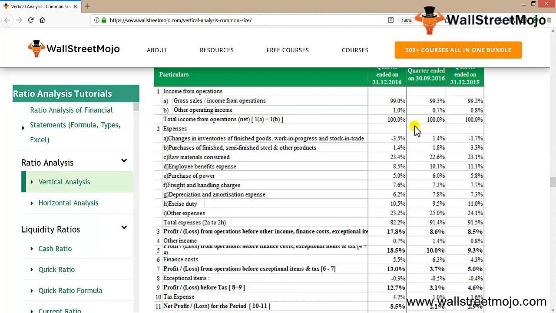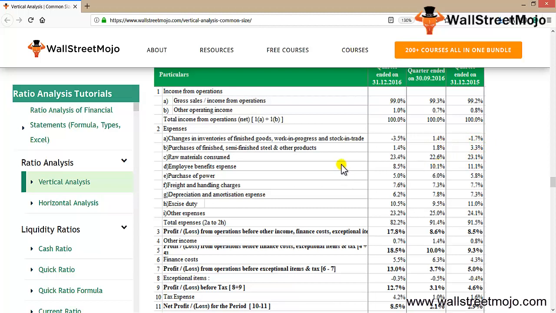See, the following conclusions can be drawn after converting it into a common size financial statement. There has been a reduction in the purchase of finished goods, semi-finished steel and other products, as the percentage fell from close to 3.3% in December 2015 to 1.4% in December 2016, and the raw material consumption is close to the 23% segment, so minus 23% remains as the past trend.